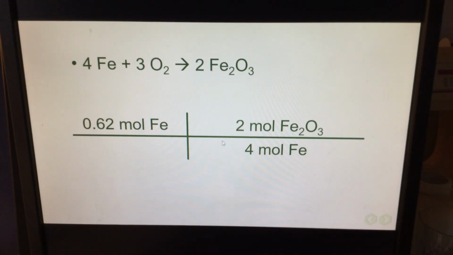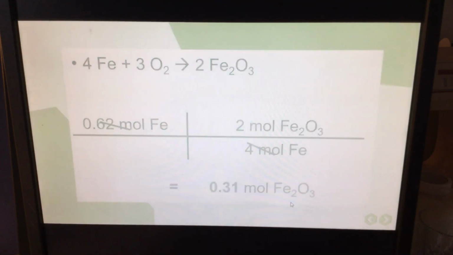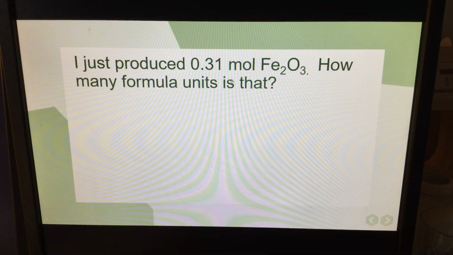We put our conversion factor next to it with the 2 moles of iron oxide on the top, and the 4 moles of iron on the bottom, so that the moles of iron cancel out, and we do the math. 0.62 times 2 divided by 4 gives us 0.31 moles of iron oxide. So we just produced 0.31 moles of iron oxide.